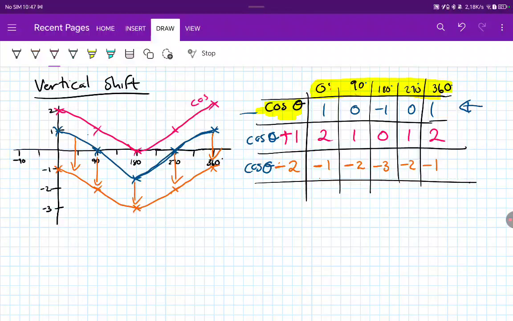So this is cos theta plus 1. This one is cos of theta. And this one is cos theta minus 2. Those are your vertical shifts.